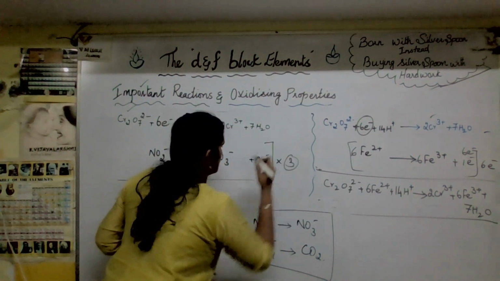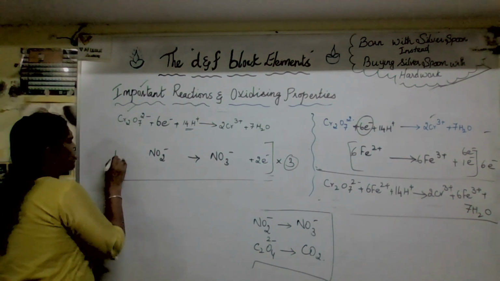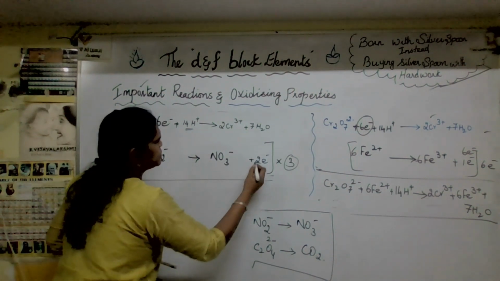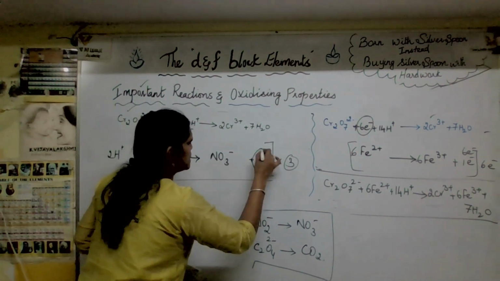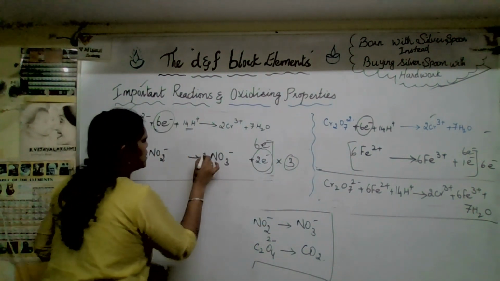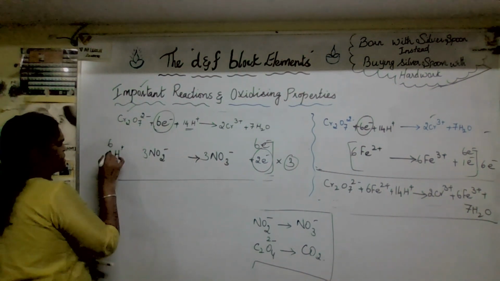That is 3. Now 2 electrons means here also H plus it is 2. So multiply with 3 means here how many electrons are required? 6 electrons. Yes, you got 6 electrons. And here also 3 and here also 3. Here 3 twos are 6 H plus ions.